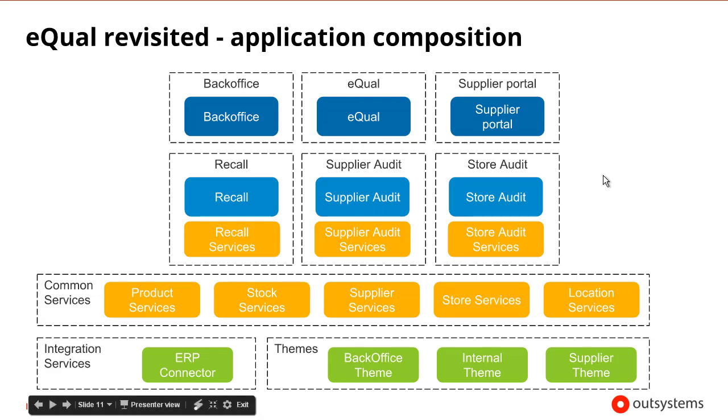Now, in terms of application composition, we would not want to package all of this into one huge application, because we'd be losing the capability to evolve different parts of this application at different rates or in different life cycles for how some of these services need to evolve.